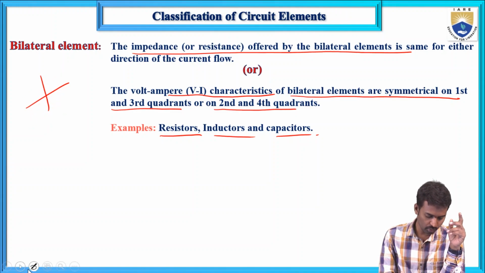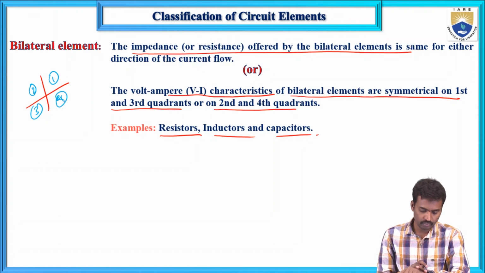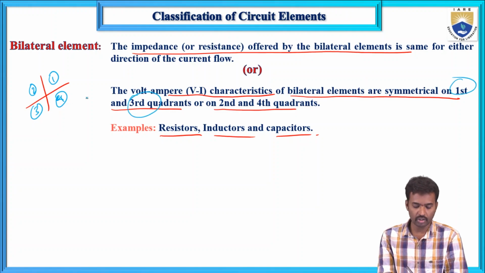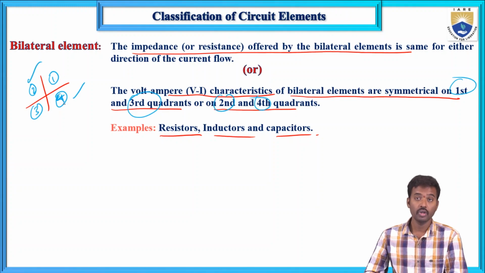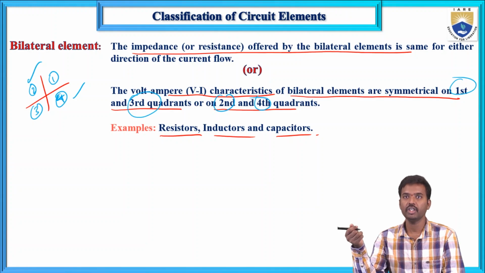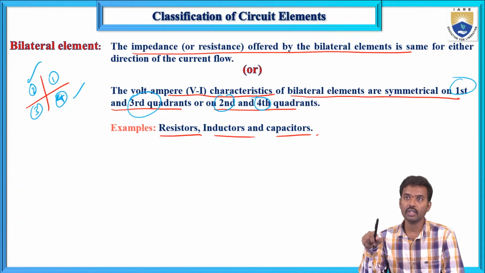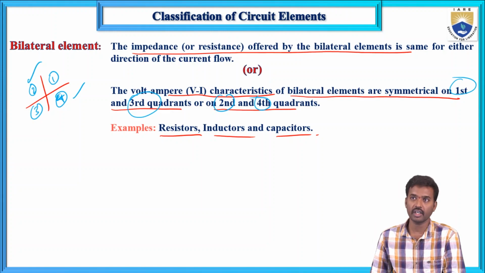First quadrant mirrors the third, and second quadrant mirrors the fourth. So the first quadrant image and third quadrant image must be the same, and the second quadrant image and fourth quadrant image must be the same, if you draw the graph between voltage and current characteristics.